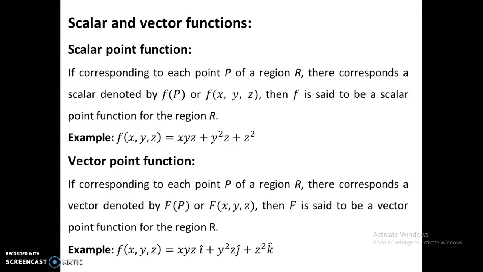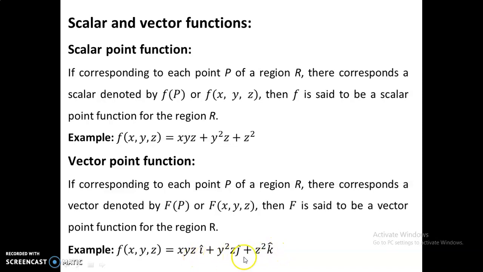For example, this function contains vectors, each term having its own direction along x, y, z respectively. f of x comma y comma z is xyz i cap plus y square z j cap plus z square k cap.